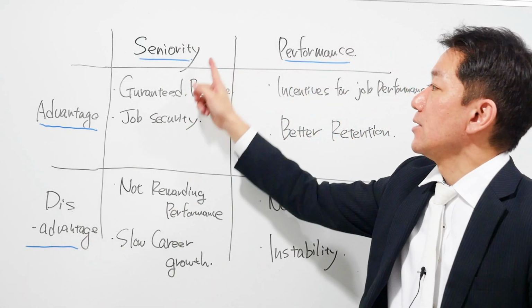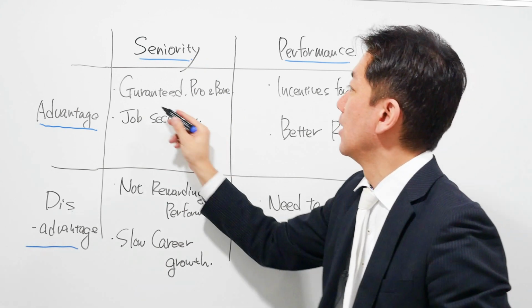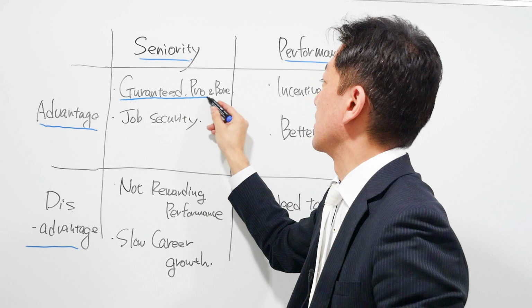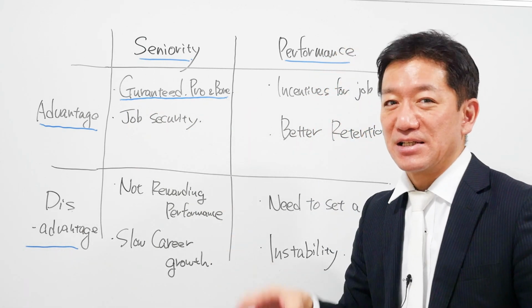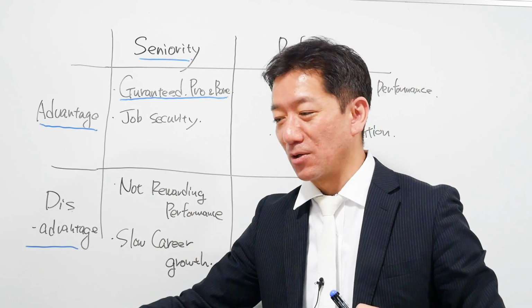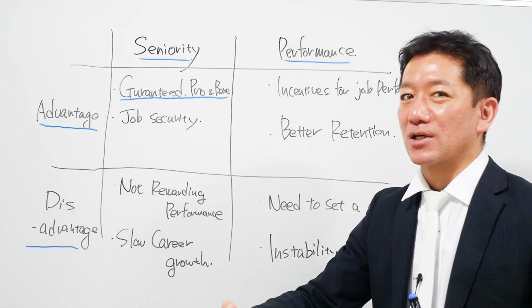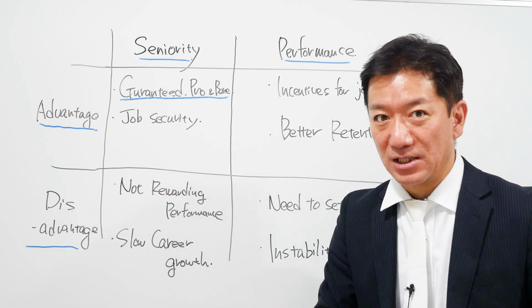Okay? Then the advantage of seniority-based. Here, it's guaranteed promotion and benefits, right? It's seniority based. The longer you stay in the same company you belong to, the better you can get promoted and the benefit. It's guaranteed.